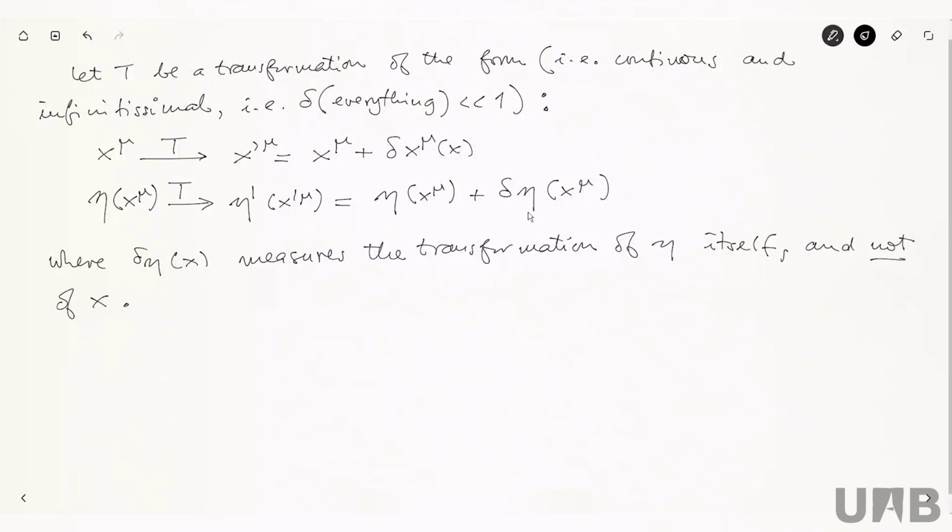So here this delta eta measures only the transformation of the field eta, not of the variable, because in this way, Noether's theorem is written in a more simple way. So that's why this thing is done.